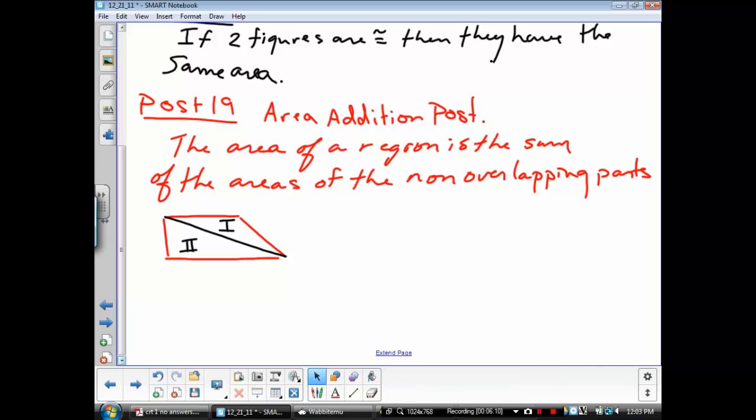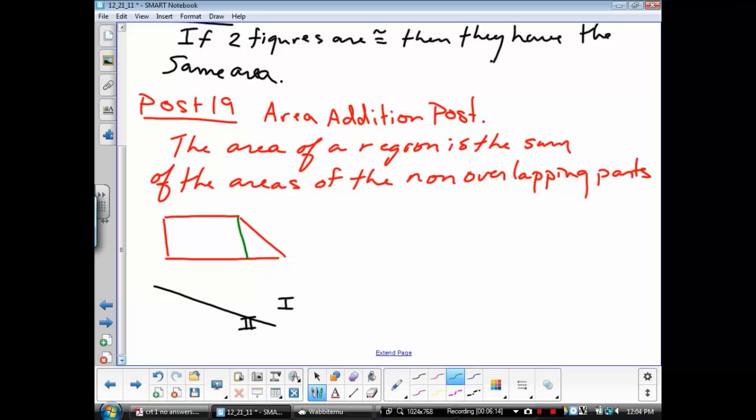Or, there's more than one way we could divide it. We might have a rectangle and a triangle, right? So, whatever way you choose to divide it, you can find the area of the two pieces, and then add them back together to find the area of the whole.